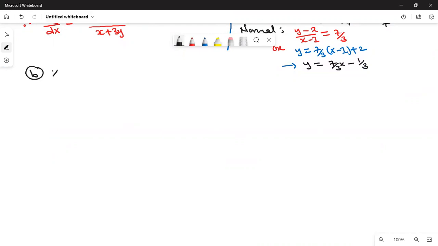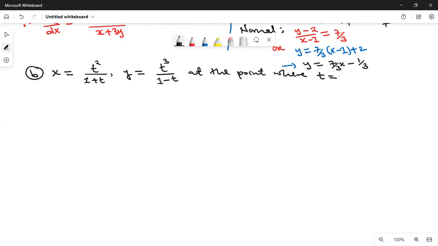Part B, you are given that x equals t squared over 1 plus t, y equals t cubed over 1 minus t, at the point where t equals 2.